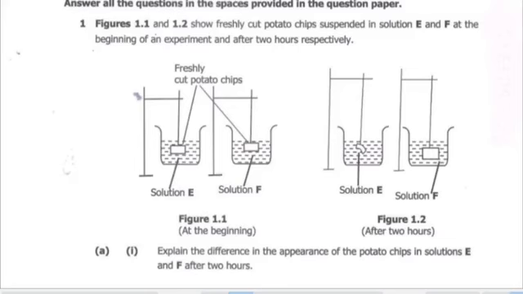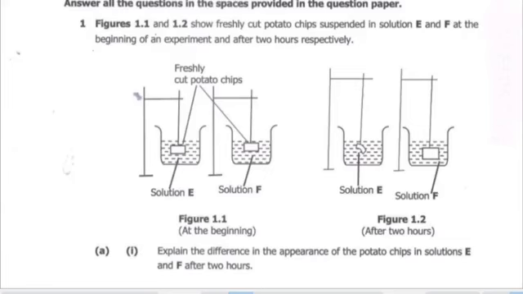In figure 1.1, we are looking at the beginning of the experiment where we have solution E and solution F, and we have the fresh cut potato chips, one in solution E, and another one in solution F. Then after 2 hours, we have the same solution E and solution F, but the structure of the potato chips has changed. So let us look at question 1A1.